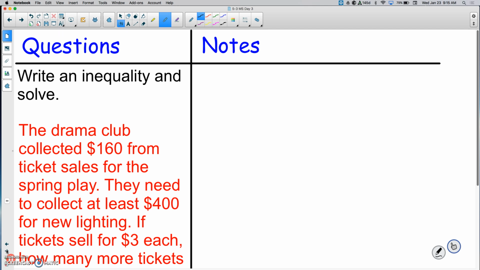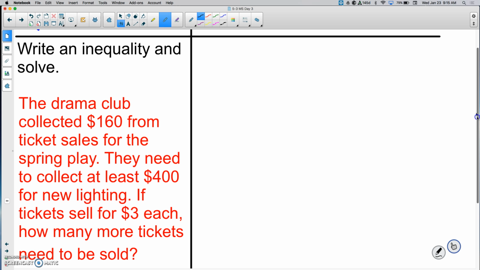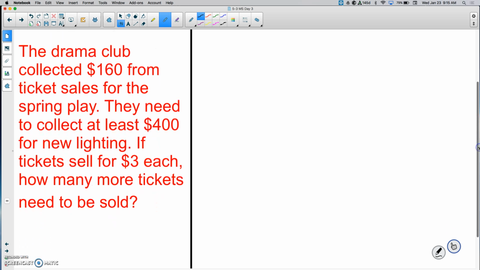Next one. The Drama Club collected $160 from ticket sales for the spring play. They need to collect at least $400 for new lighting. If tickets sell for $3 each, how many more tickets need to be sold? So my variable this time, I'm going to use T for tickets.